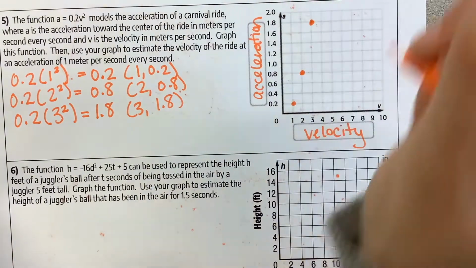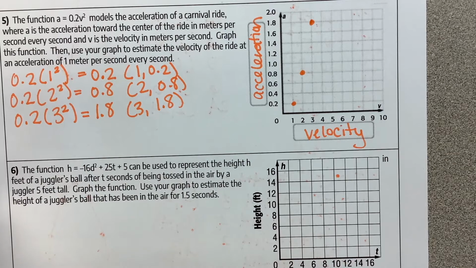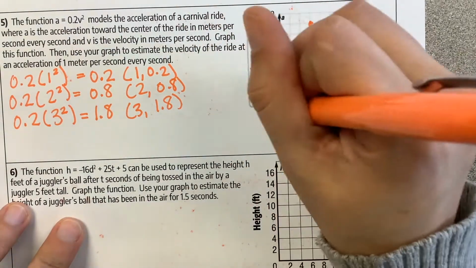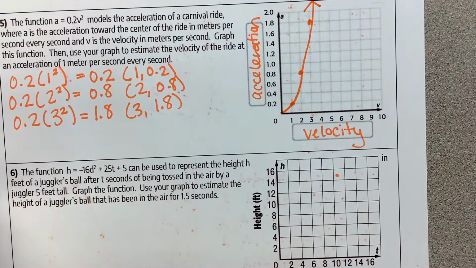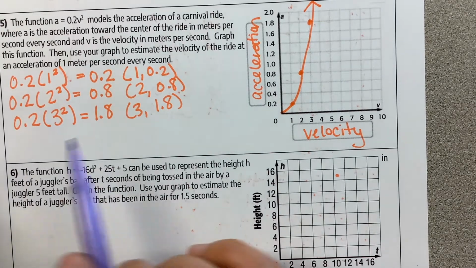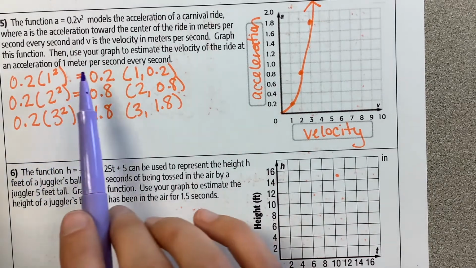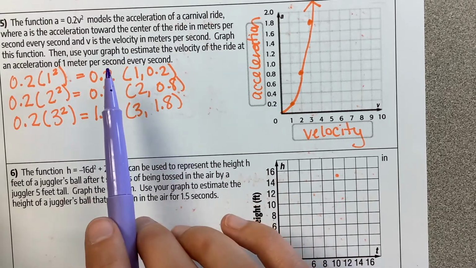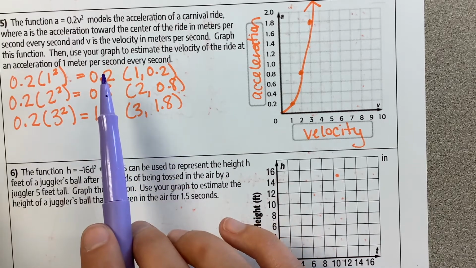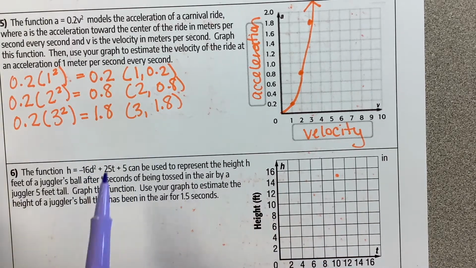And that's pretty much taking us up the graph that we have here. So let's just kind of from here draw a little graph. Now we are looking at this and saying, okay, what can we estimate? Use your graph to estimate the velocity of the ride at an acceleration of 1 meter per second.